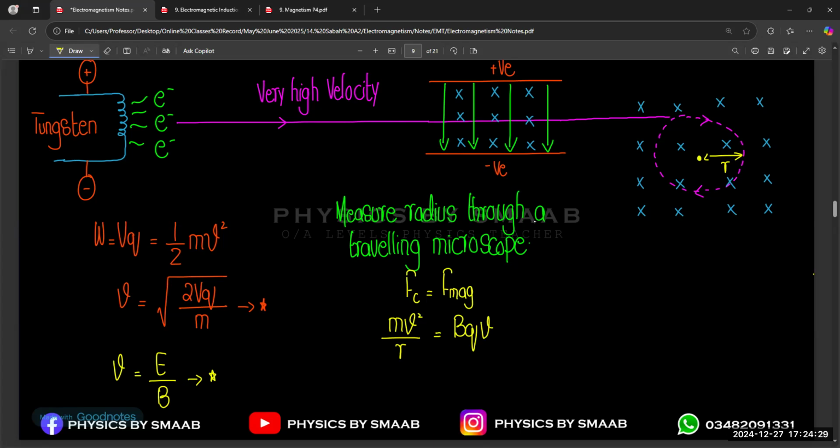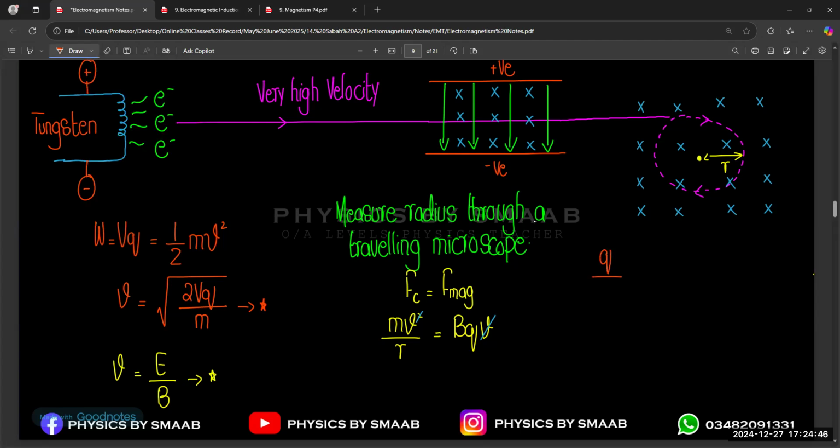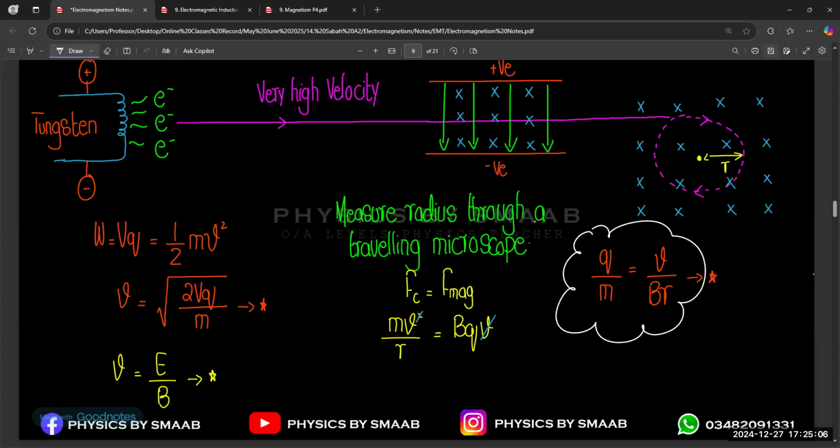So v and v cancel out one power, and now it will be equal to the charge to mass ratio, q over m is equal to this equation, right? Right. So this is the concept of charge to mass ratio, or the equation for charge to mass ratio.